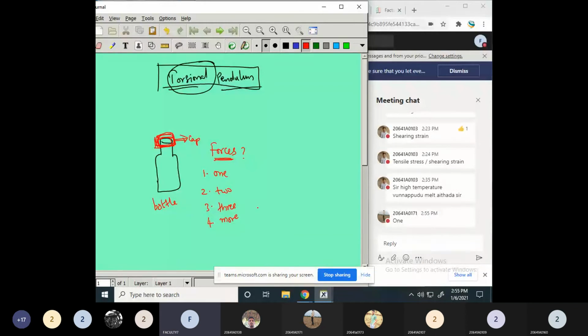Okay, 171 said 1 force. Okay, what about others? 101 said 2 forces. Any more answers? Consider this as your water bottle. Remove the cap of this particular bottle.